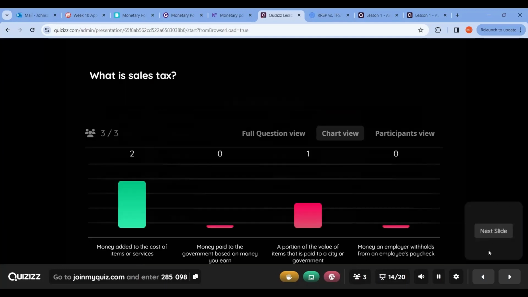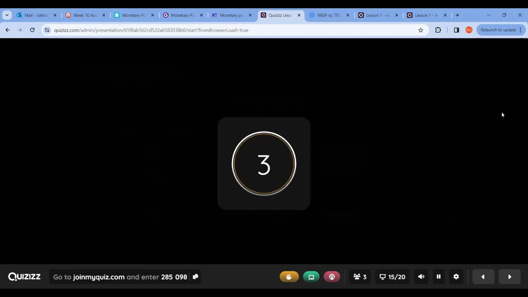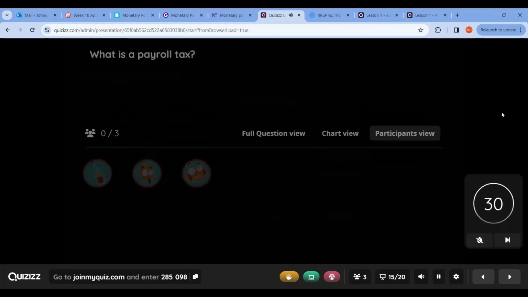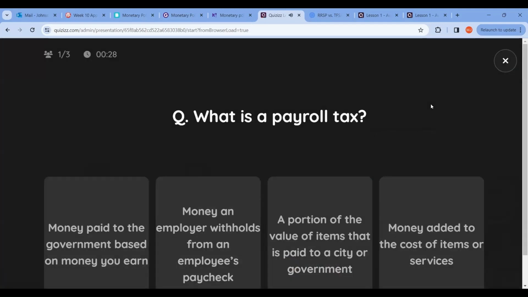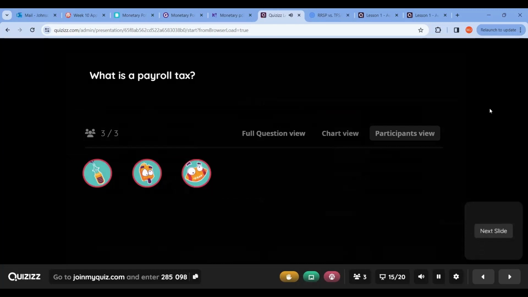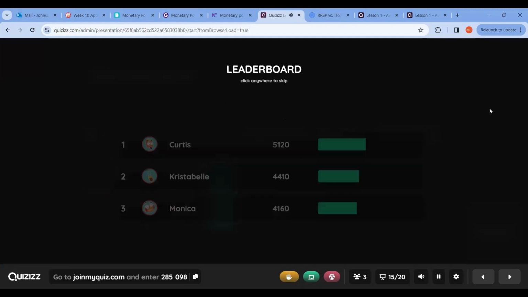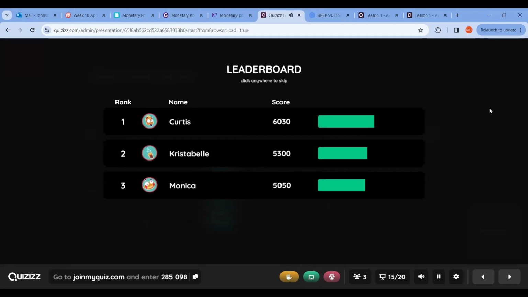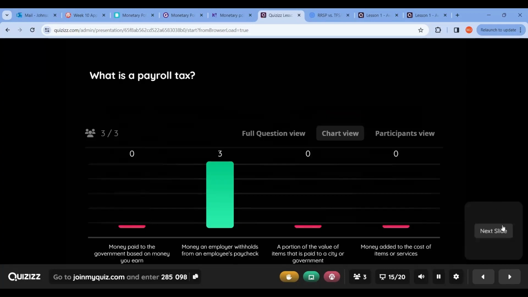So money added to the cost of items or services, yes. What is a payroll tax? So money an employer withholds from an employee's paycheck.